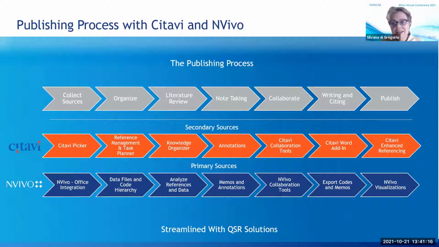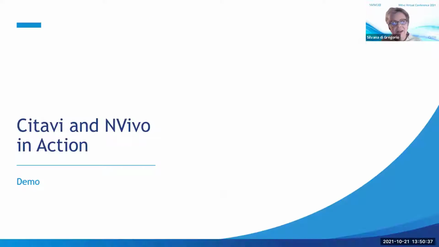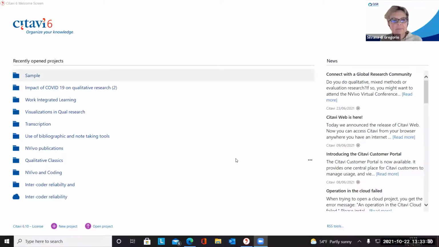If you're working in a team, you would be collaborating together, whether that's in terms of finding the articles that are relevant to your lit review or in terms of coding both your literature review data as well as your empirical data. And then you would move on to writing and citing and finally publishing. I'll just stop there and move on and show you Citavi and NVivo in action.